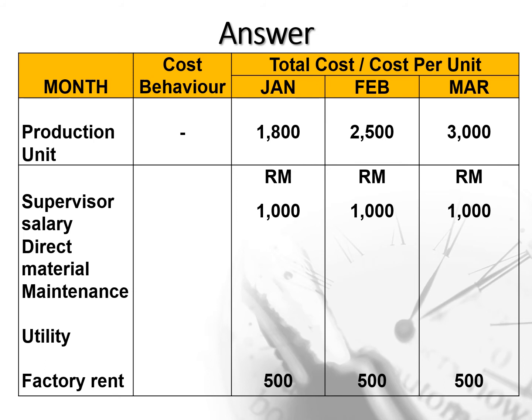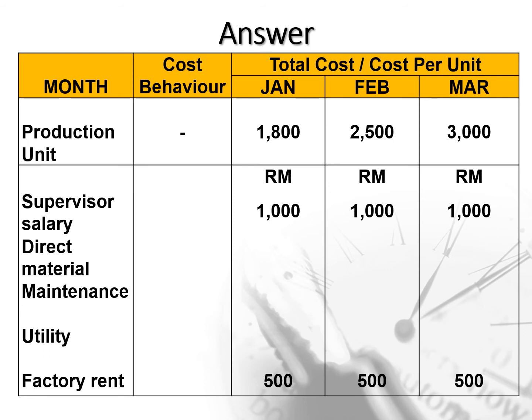Now, let's find the answer. First of all, you can recognize the cost behavior that has the same cost at all levels. Those are supervisor salary and factory rent, 1,000 ringgit and 500 ringgit respectively.